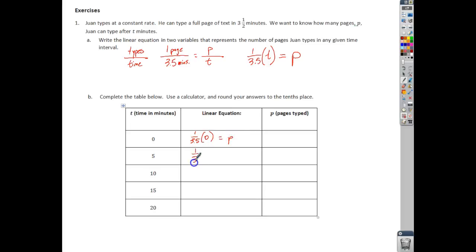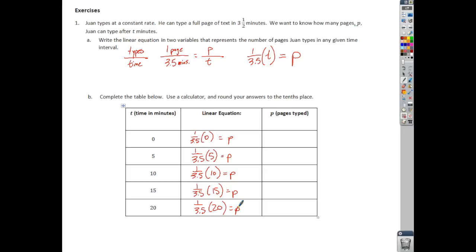So 1 over 3.5 times 5 is equal to P. 1 over 3.5 times 10 is equal to P. 1 over 3.5 times 15 is equal to P, and 1 over 3.5 times 20 is going to be equal to P. You're going to want to make sure that you have a calculator for these, okay?